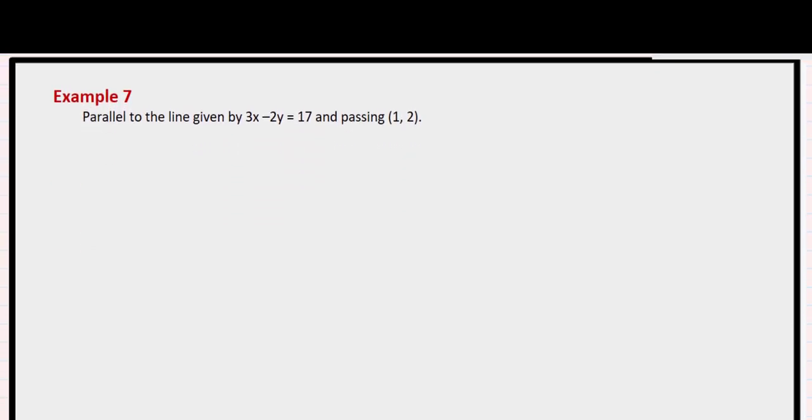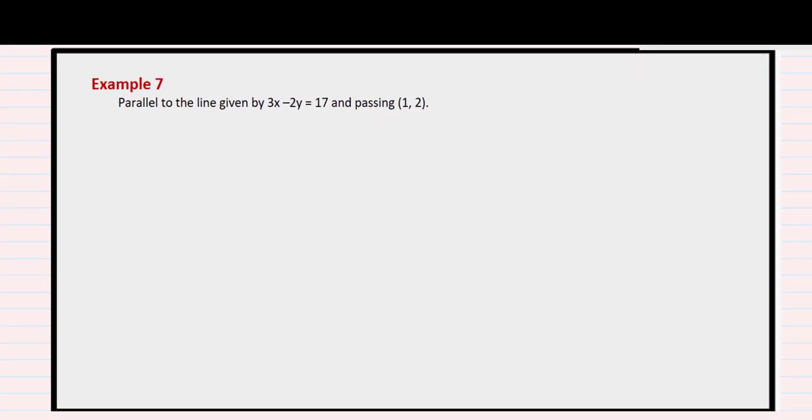Example 7. Parallel line to a given line. Find the line parallel to the line given by 3x minus 2y equals 17, and the line passes through 1 and 2. So let's understand this question. Here's the xy axis.